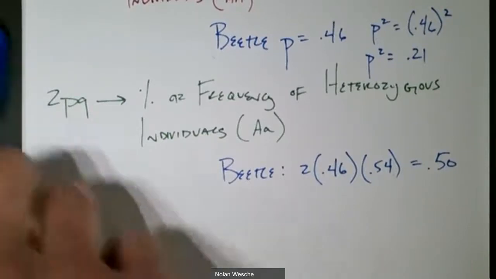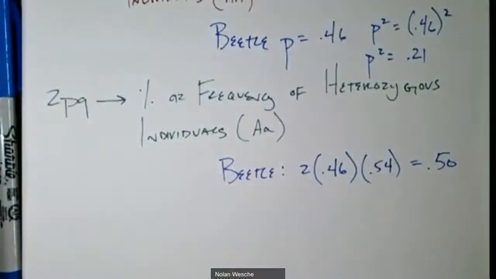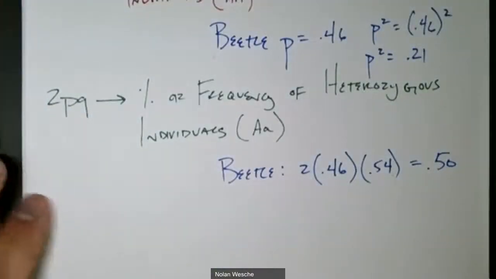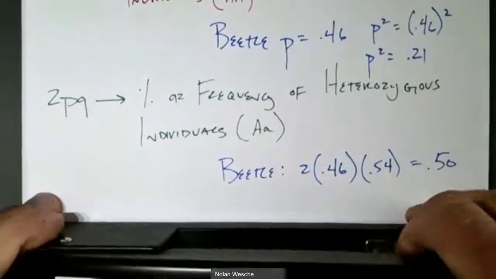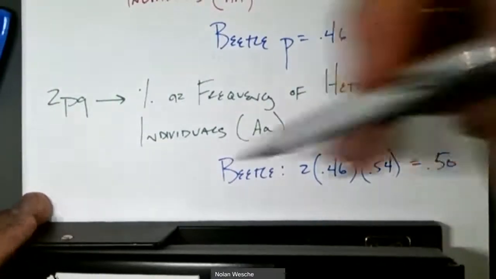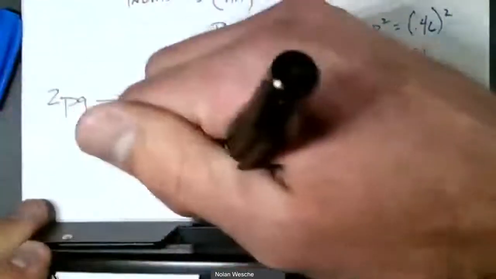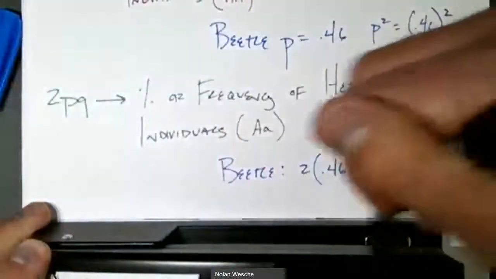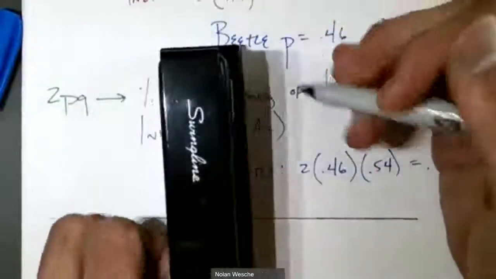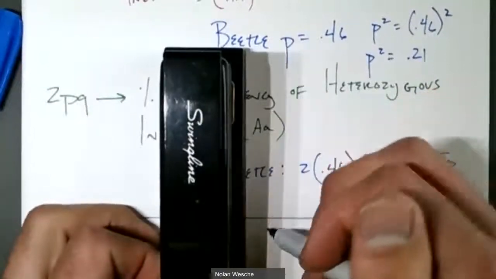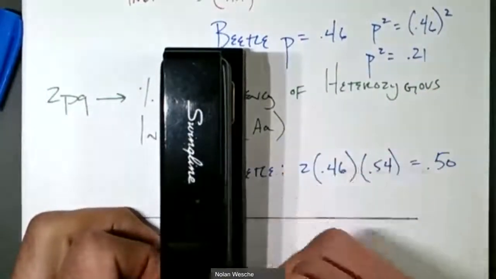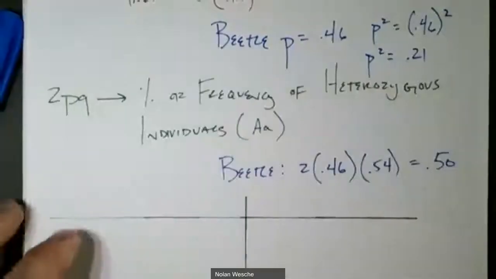Now, what I will tell you is that in smaller populations, sometimes the Hardy-Weinberg equation will give you values that are different than what a small population truly is and will reflect. So, for example, we've got 42 beetles in this population, which is not a very big group, right? It's a super small sample size.